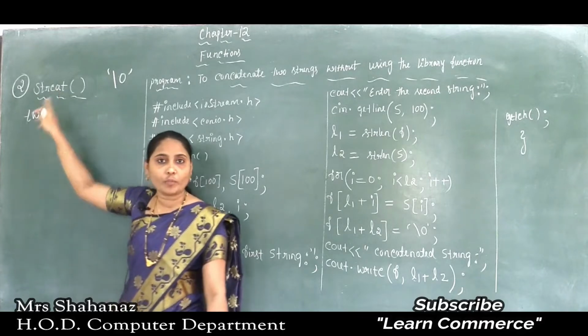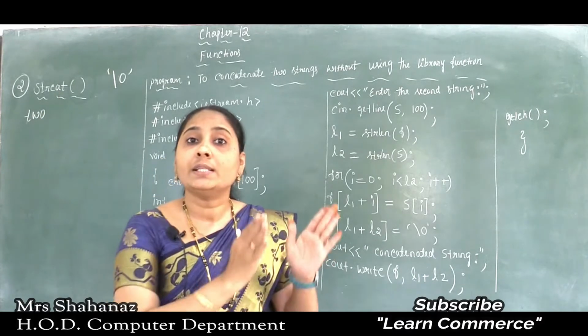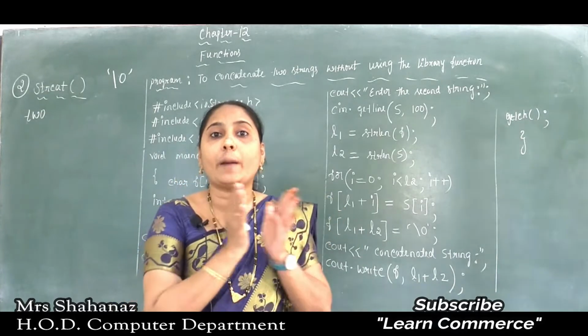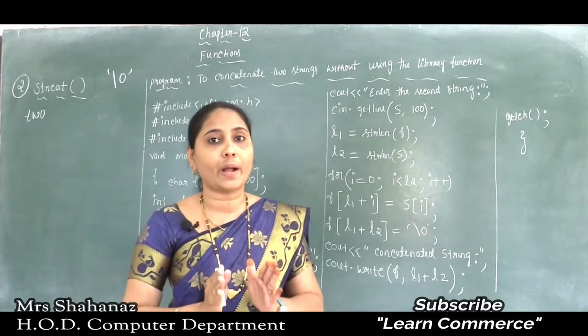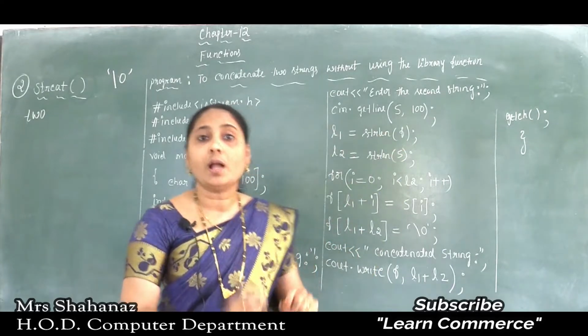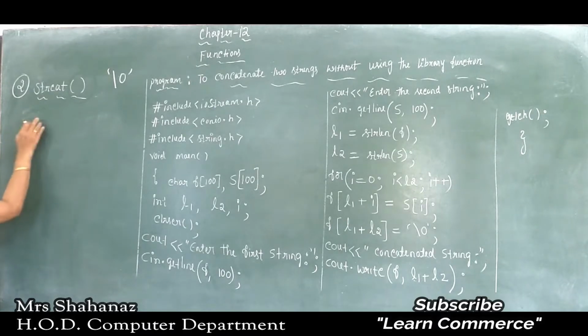The cat in Strcat is the short form of concatenation. The meaning of concatenation is that we combine the two strings together. The process of joining or combining two strings together is known as concatenation. Clear this point? Okay, now let's see how to write the syntax of the Strcat here.